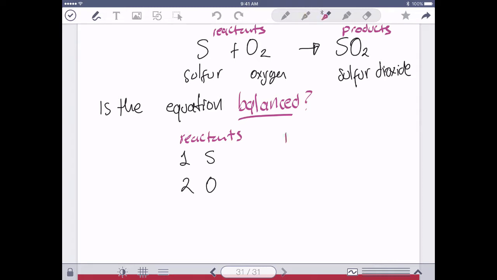In my products, as it is, I have 1 atom of sulfur and 2 atoms of oxygen. So I can say that yes, my equation is balanced. There is nothing I really need to do in order to balance my chemical equation.